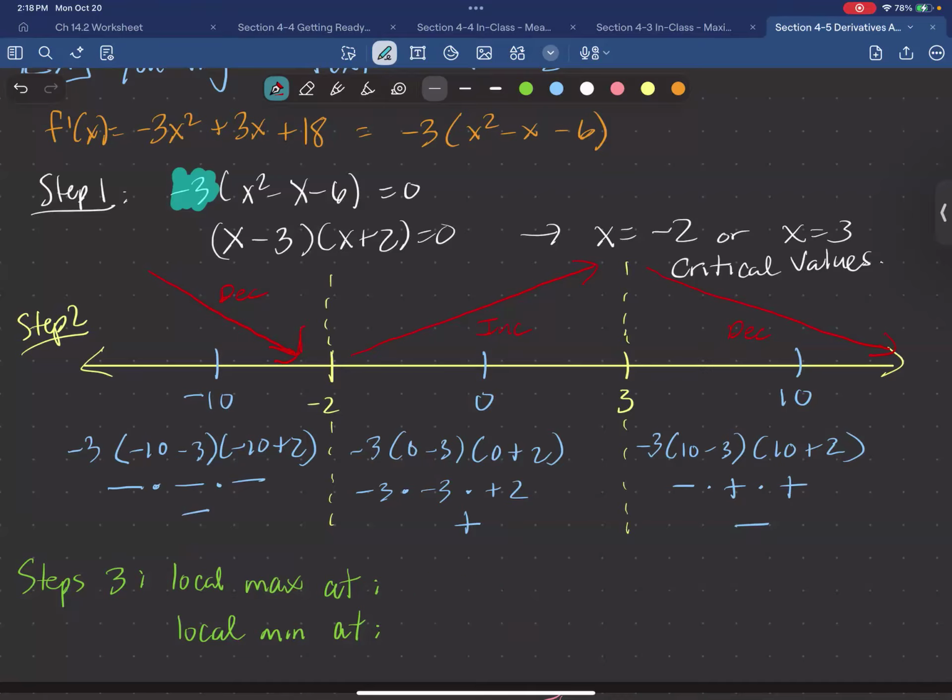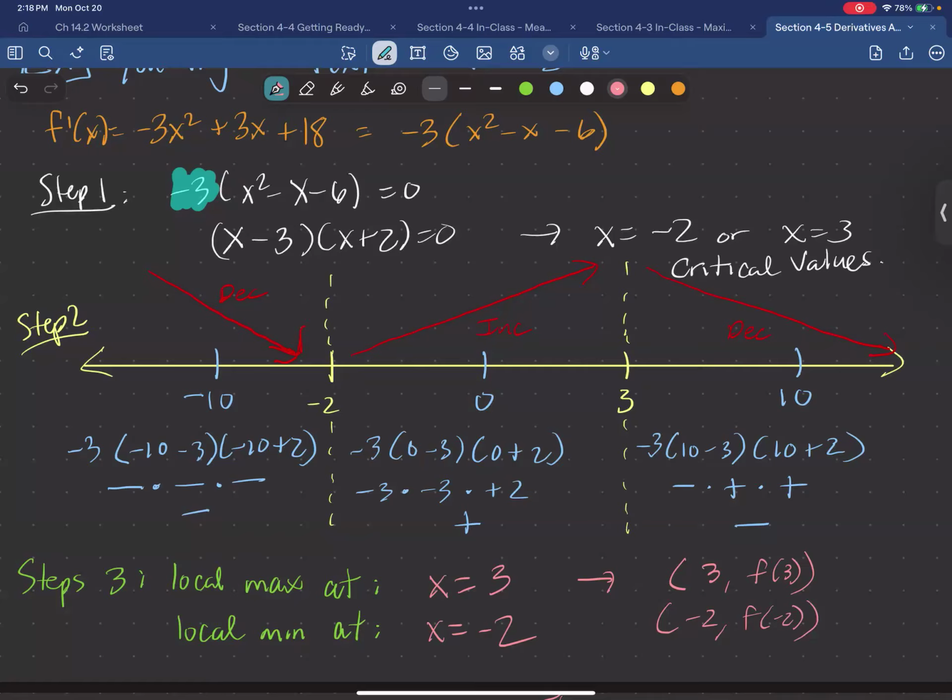Let's pick a different color for this. And so our critical points will be 3, f of 3 and negative 2, f of negative 2.